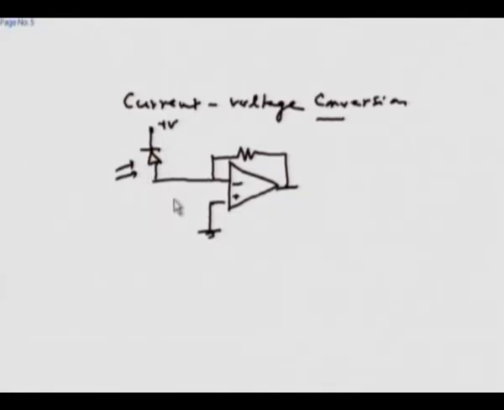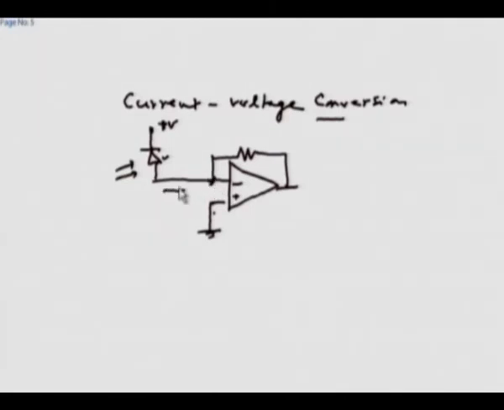Now you could think of a simple circuit like this, where we have a photo detector, the light is falling on it, producing a photo current, and it is biased in reverse mode by applying a positive voltage to the cathode. Because of the negative feedback here, this potential is at virtual ground, which is 0.